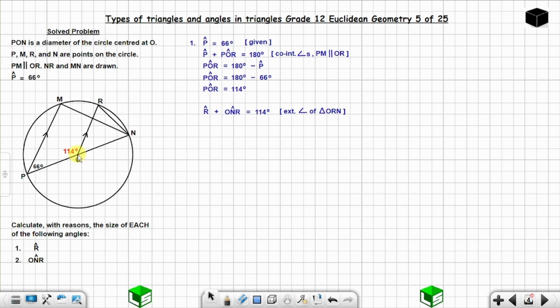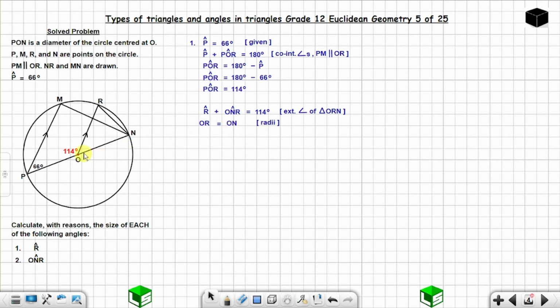Now we carry on. ON is equal to OR. Can you see this is a radius and this is also a radius, from the center to the circumference? You have two radii, and the two radii are equal to each other. So OR is equal to ON, the reason is radii.